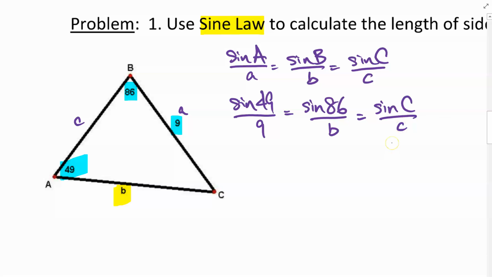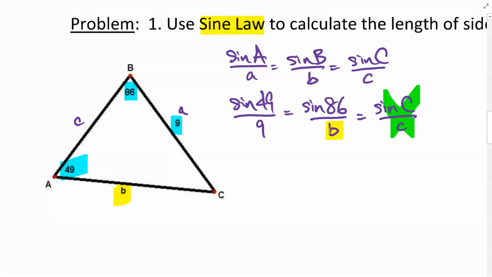Notice I didn't put in anything for angle C or side C. I could have found angle C by subtracting from 180. That is possible. However, I want to highlight the point that we don't need it. We're not being asked to find angle C or side C. In fact, what we're trying to find is side B.